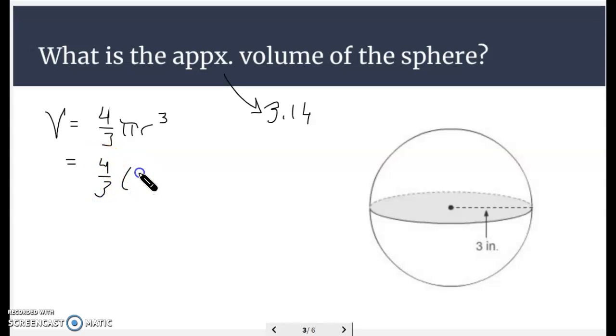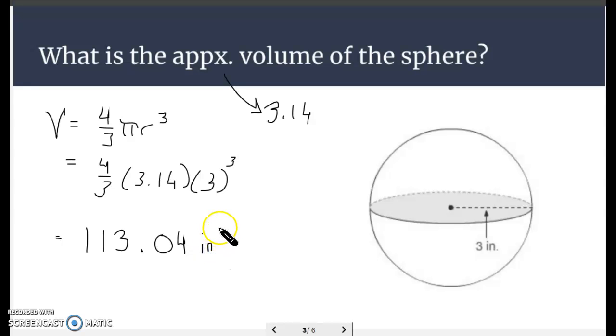Instead of pi, we put 3.14, and the radius this time is 3. 3 will be raised to the third power. Putting that in a calculator, we end up with 113.04 inches cubed.